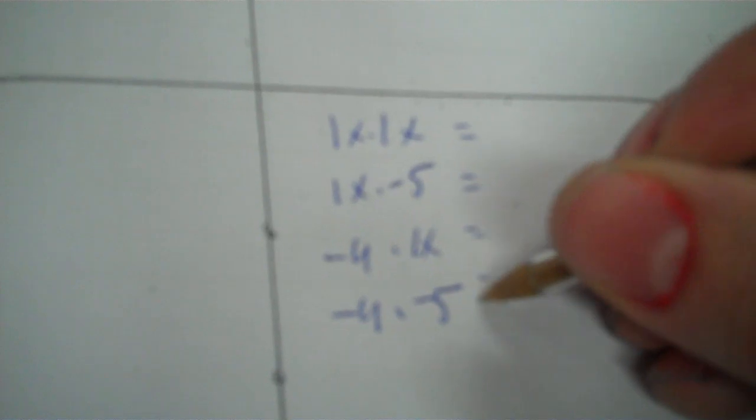So 1x to 1x, 1x to negative 5. Then negative 4 to 1x, negative 4 to negative 5. So x times itself is x second. 1 times 1 is 1. Then you have x. 1 times negative 5 is negative 5.